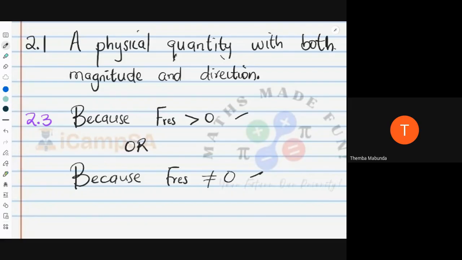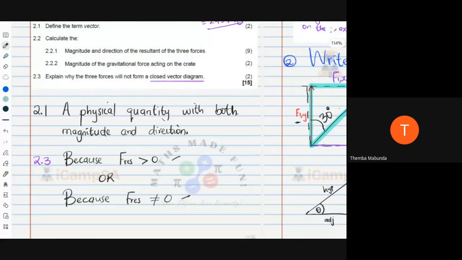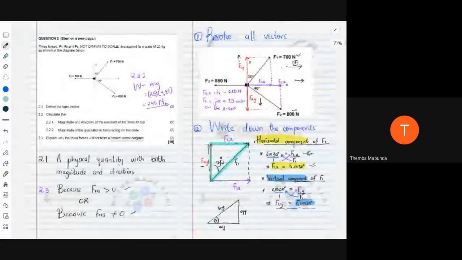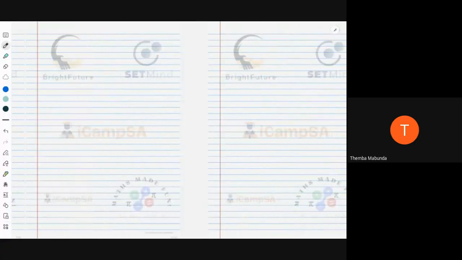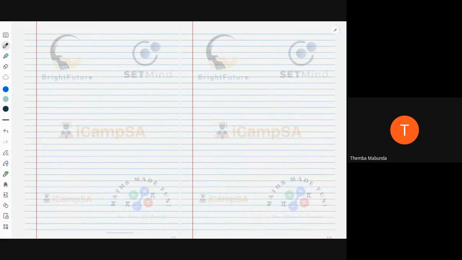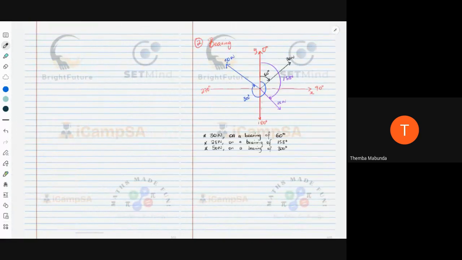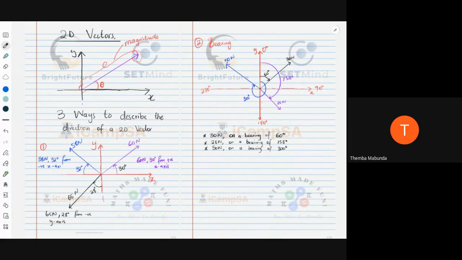So yes, guys, thank you very much for attending today's lesson. I think this brings us to a close. So whoever needs today's recording, it'll be made available once I upload everything. And then on our next lesson, we'll be doing vectors for the last time. Then we have to move to Newton's laws and so on and so forth.